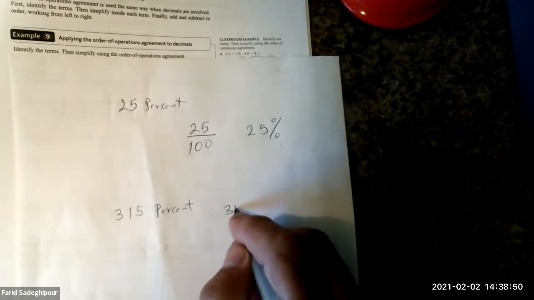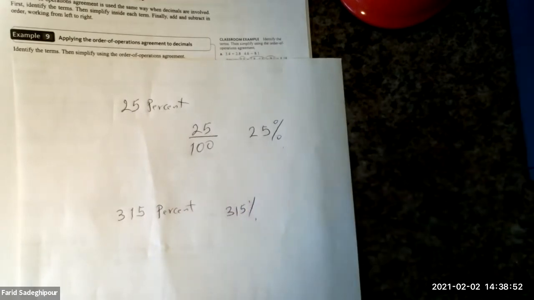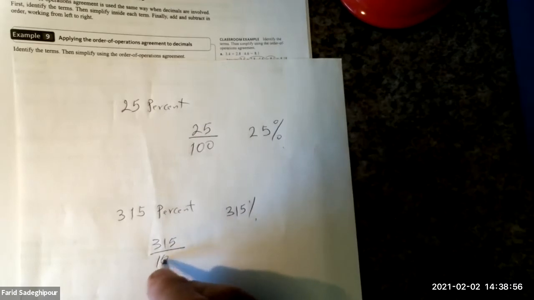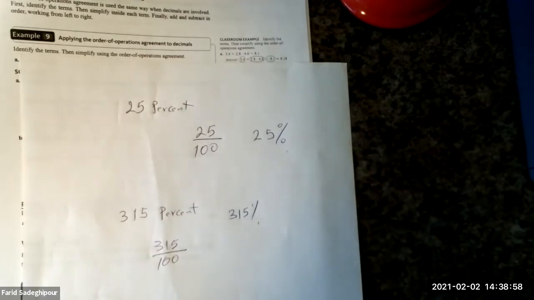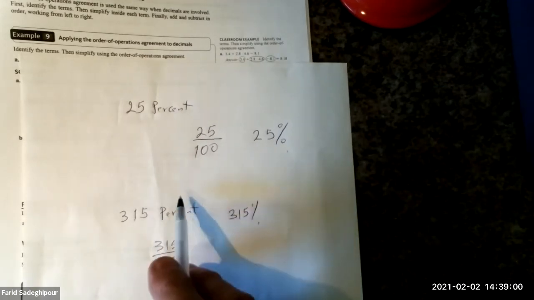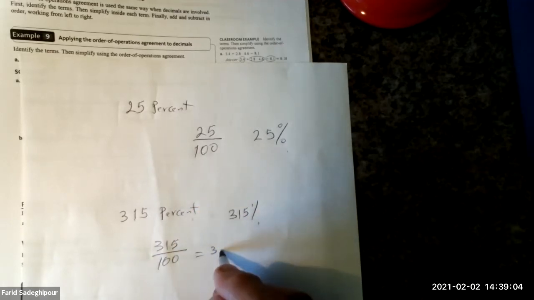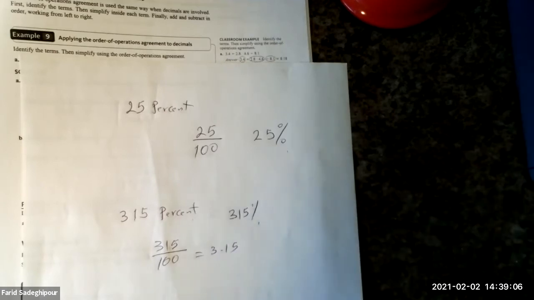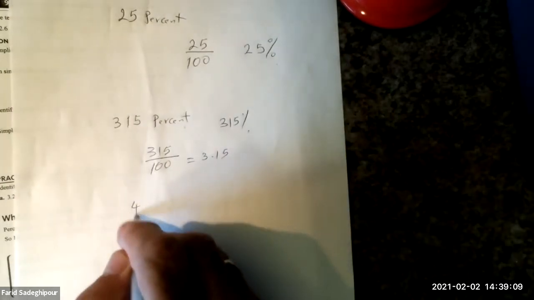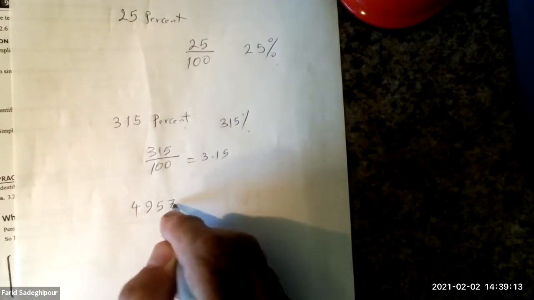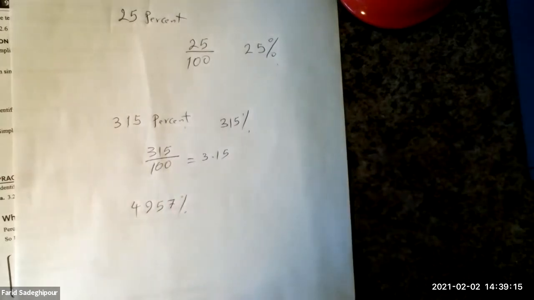What is 315%? Again, you write the number and then you divide by 100. So percent always means 1 over 100. So that would make it 3.15. Okay. What is 49.57%?